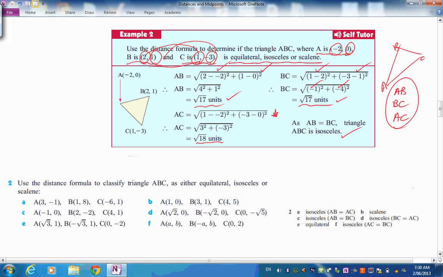Now to help you with this one, you might have plotted it, but you don't have to. So we can now draw this as AB equals BC. Well, let's have a look here. What could we do? It would look like this, isn't it? I've made it look almost equilateral. AB equals BC. Those 2 are equal, is what we've just found.